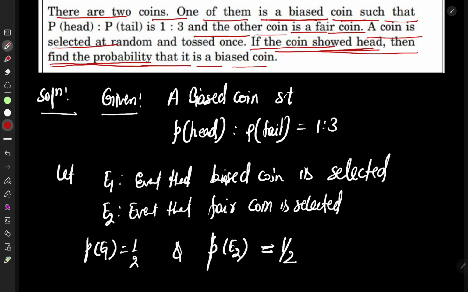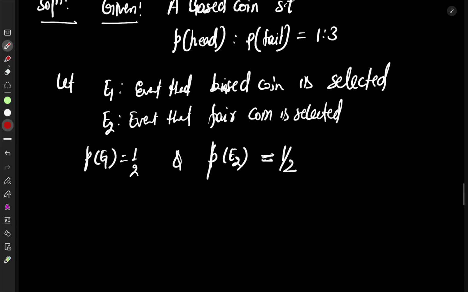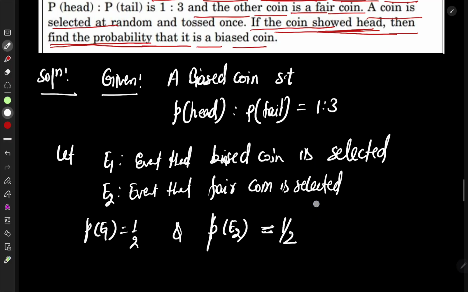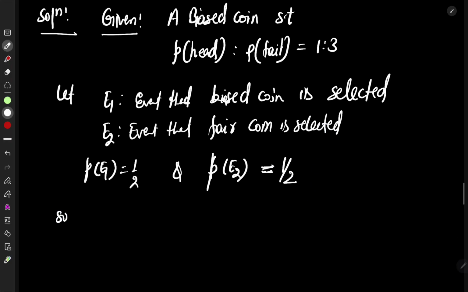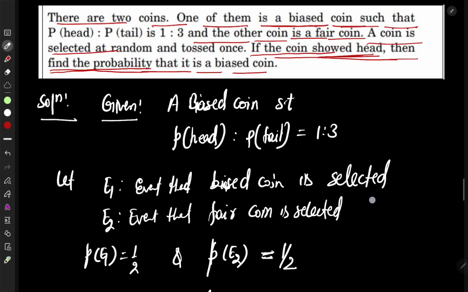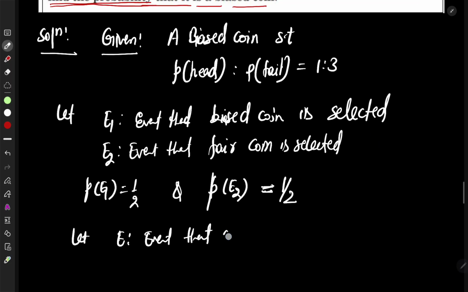Now tell me that you selected the coin and tossed, that it was the biased coin. Reverse talking means Bayes theorem it is talking about. By the way, we'll be writing the things here. You will be writing, let E be the event that the coin shows head.